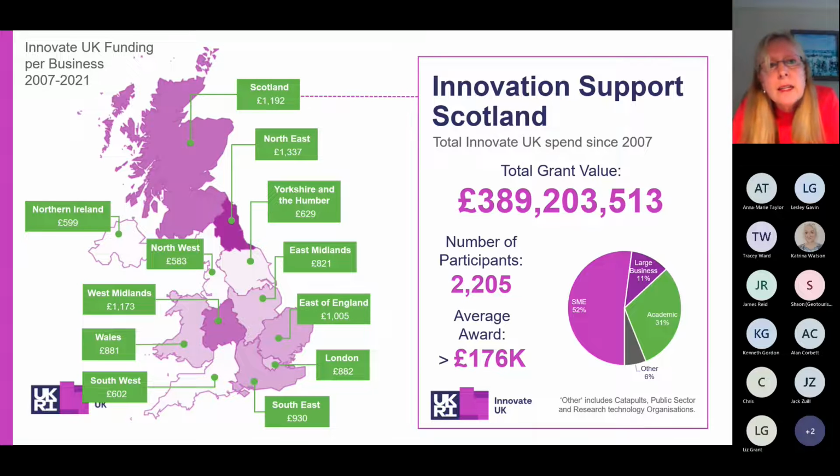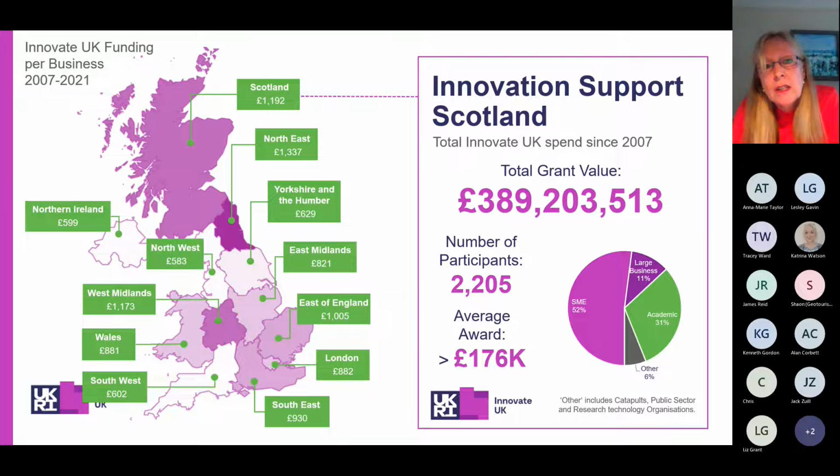If we look at how that spreads across every business, the map will show that the opportunity for each business is comparatively great in Scotland versus some of the other regions in the UK.